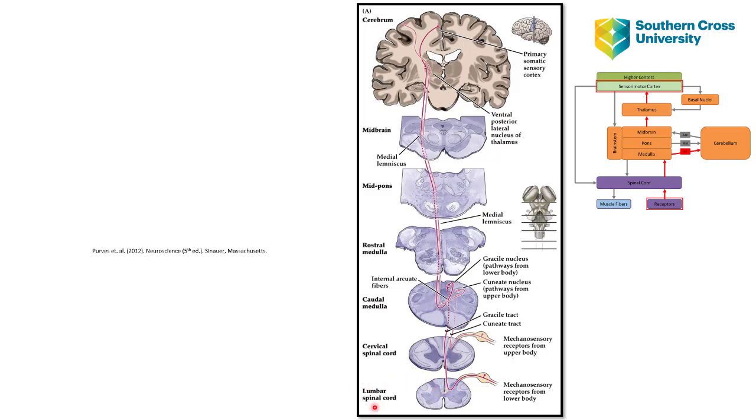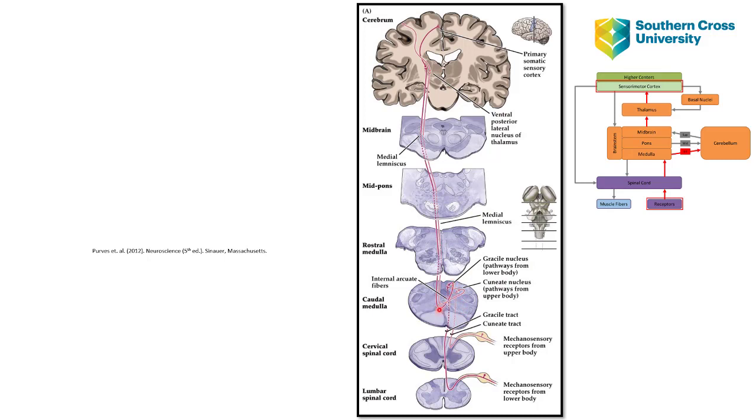At the level of the lumbar spinal cord, we call it the dorsal column, but the gracilis fasciculus. And so those fibers will travel all the way up until we get to what we call the gracile nucleus. And so that's the pathway of the first order neuron for the lower body, the lower half of the body. Again, synapsing onto the second order neuron.